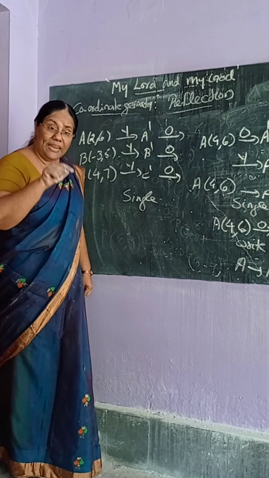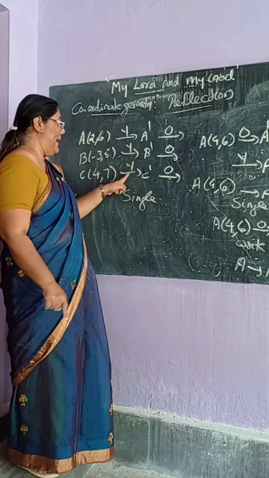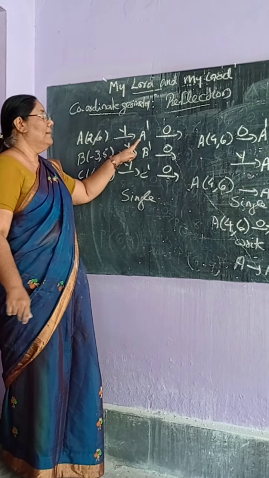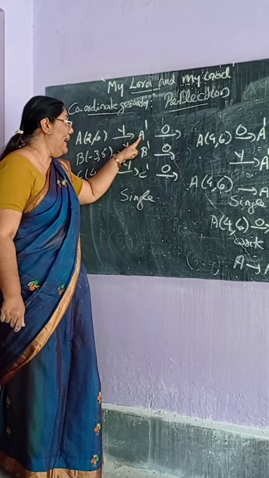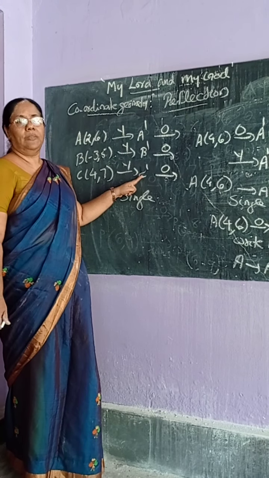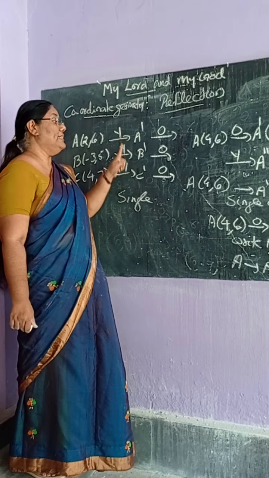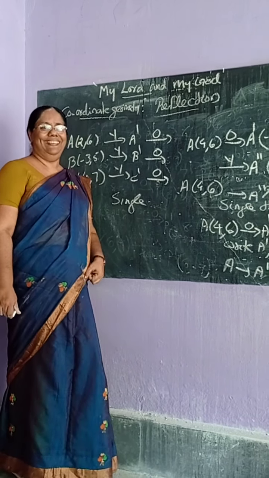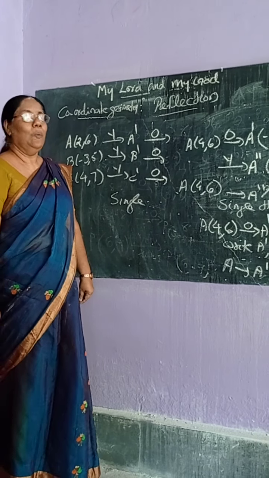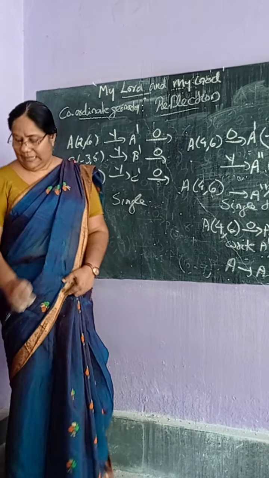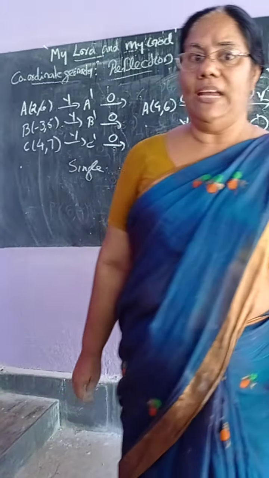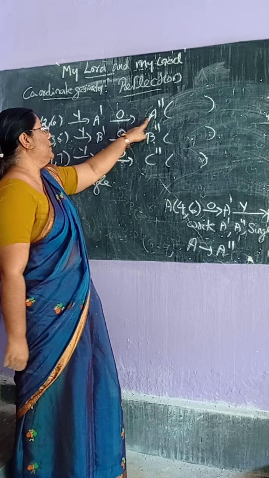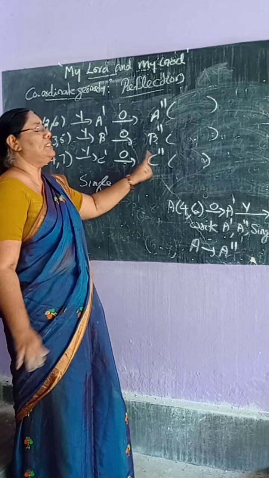Then ABC is reflected through the y-axis at the points A dash, B dash, C dash. Again that A dash, B dash, C dash is reflected through the origin. We can mark it as A double dash, B double dash, C double dash.